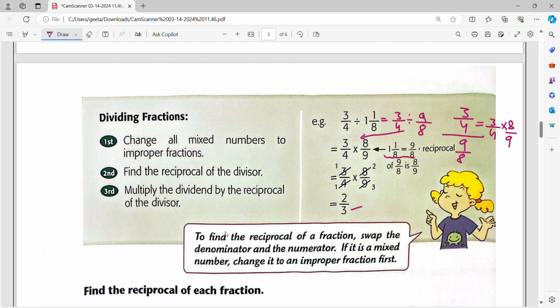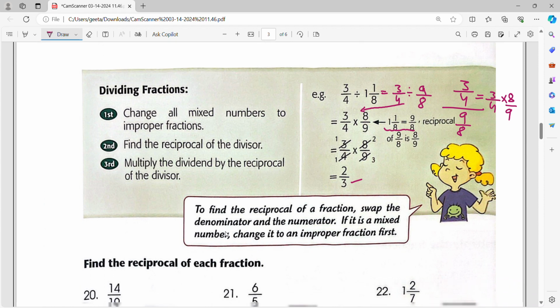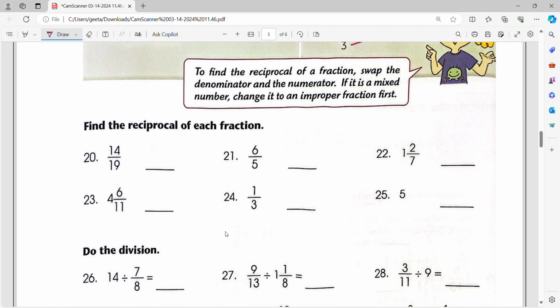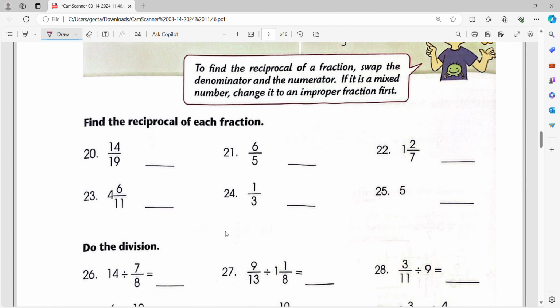Now the next thing we will do, this is very simple. Can you please tell me, find the reciprocal of each fraction? Can you please read it first? No, first read this.